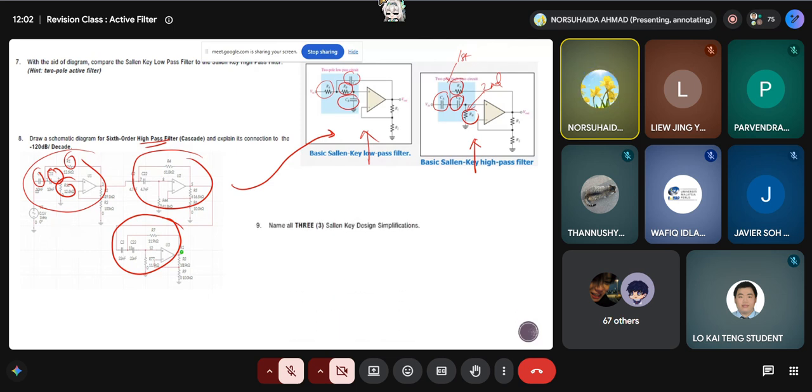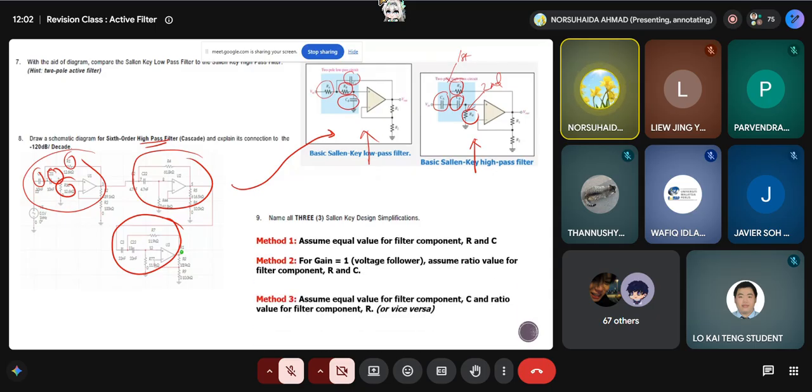Okay. So question number 9. Name all 3 Sallen-Key design simplifications. So there is 3 methods I'll put here. We did all the example already in the class.